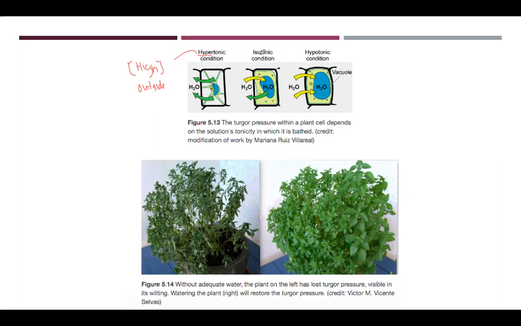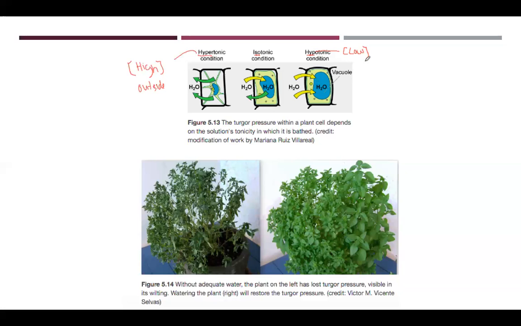And isotonic, iso meaning the same. It's at that kind of balance. The same amount is inside the cell as outside the cell. So they just freely diffuse at a normal rate. Lastly, we have hypotonic. Hypo means that there's a low concentration. With that, the water is going to want to rush in.